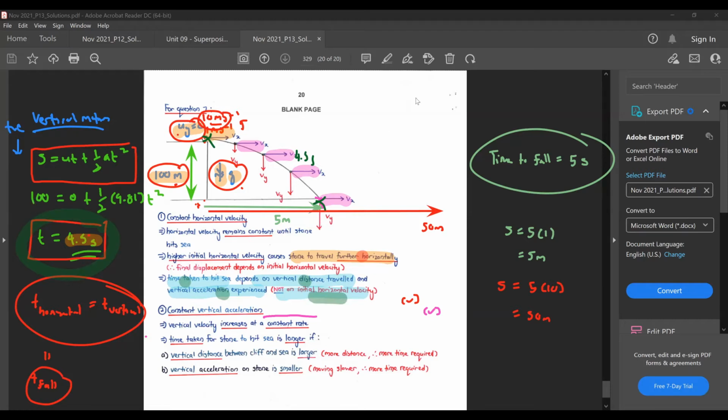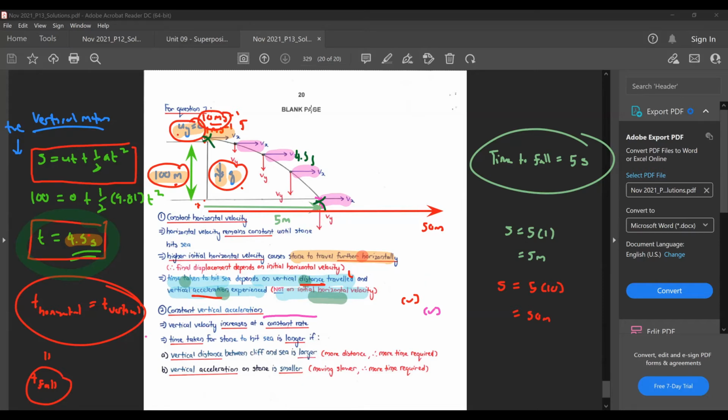In my case, this vertical distance and vertical acceleration did not change. Since the vertical distance and the acceleration did not change, you don't expect the time taken to fall to change. It will still remain the same.